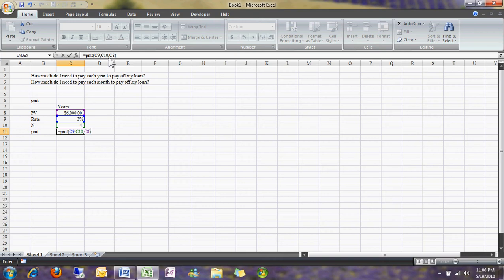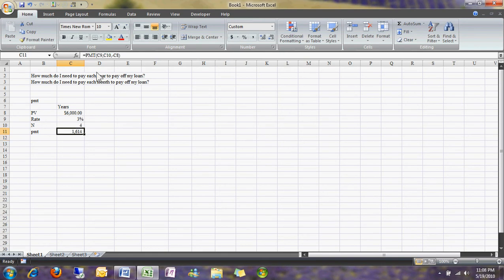Now, with this present value, because it's money that is being taken out of our pockets, a debt is essentially just money that's being taken out of our pocket, we refer to that as a negative number. The reason why we need to put a negative number in there is so that we get a positive number out of it, 1,614.